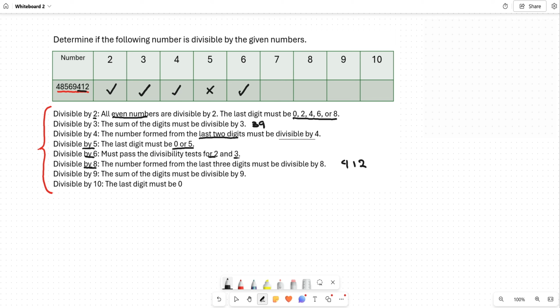Now you can check that with a calculator if you would like, and I would encourage you to do so. Otherwise, you can just do your typical long division. We're not going to do the long division, so we'll just cross 8 off.